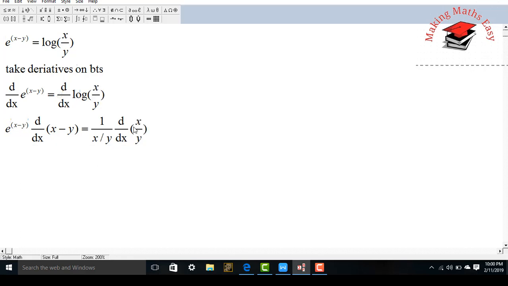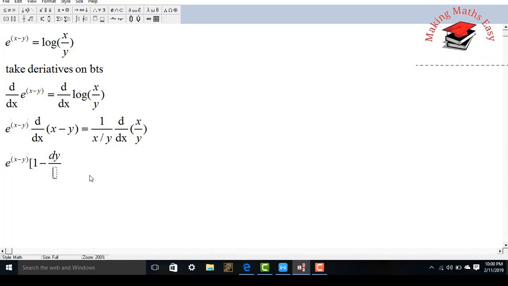So first I will differentiate the log function and then x divided by y. Here it is e raised to x minus y, which I will write as it is, and then I will differentiate x and y. The derivative of x is 1, whereas the derivative of y is 1 into dy by dx, which is dy by dx.